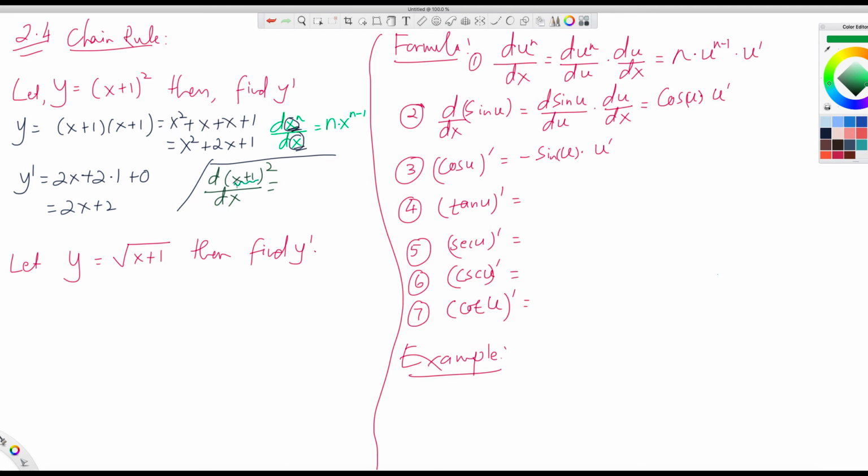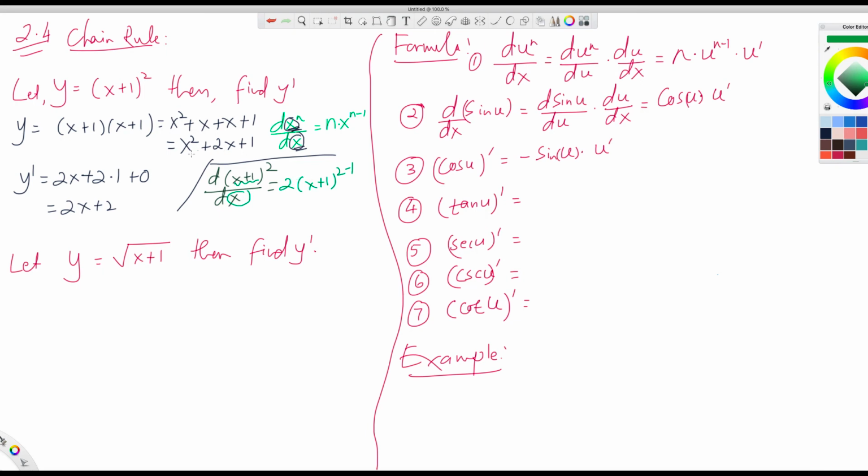There is x plus 1 in the base, but just x in the formula. If they don't match, you cannot write 2 times (x plus 1) to the 2 minus 1. That's not how it works. You need to have just x and just x, or just u and just u. You need the same variable in both places to use that formula.